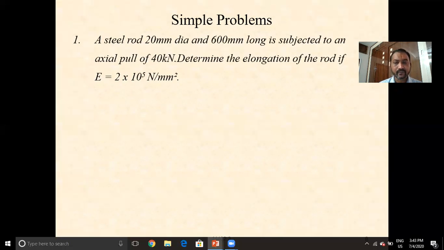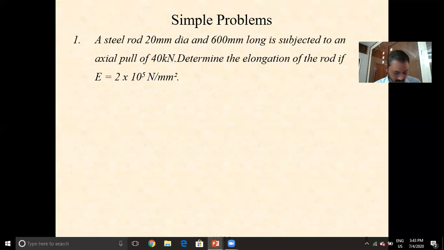Determine the elongation of the rod if Young's modulus E is equal to 2 into 10 power 5 newtons per square millimeter. This is a simple problem, and we are supposed to find the elongation of the rod due to the application of the force given.